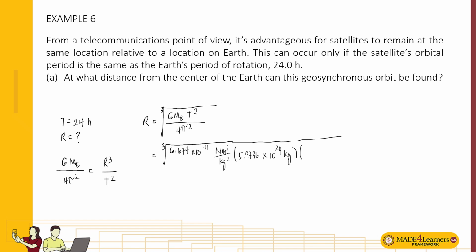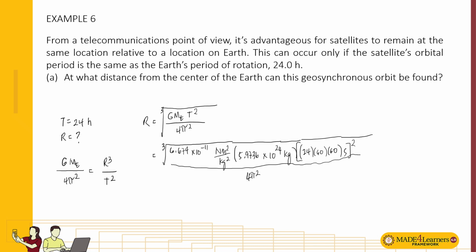Our unit is in newtons, meaning time is in seconds. So that's 24 times 60 times 60 for seconds. Take note that we need to first square this, and then divide by 4 pi squared.